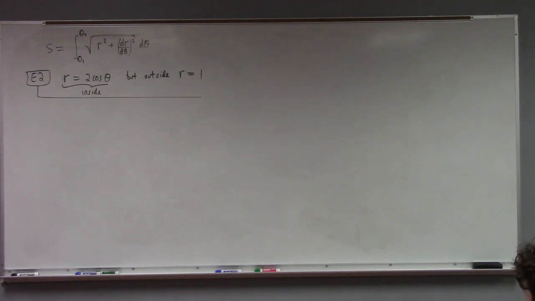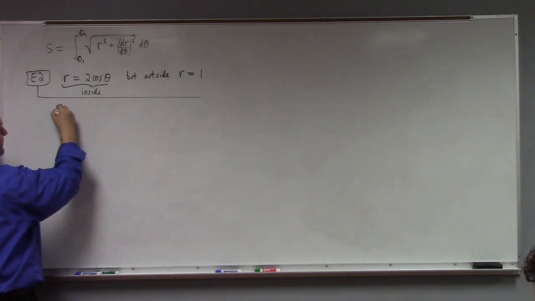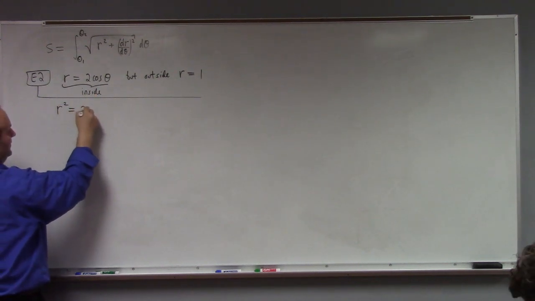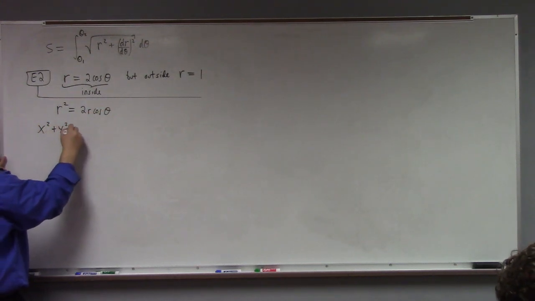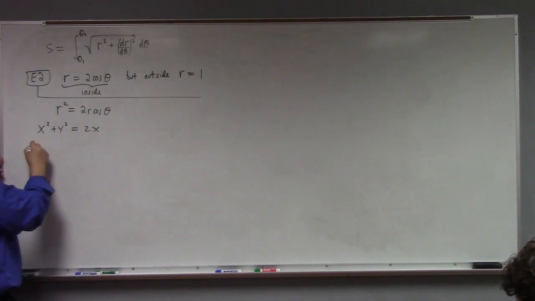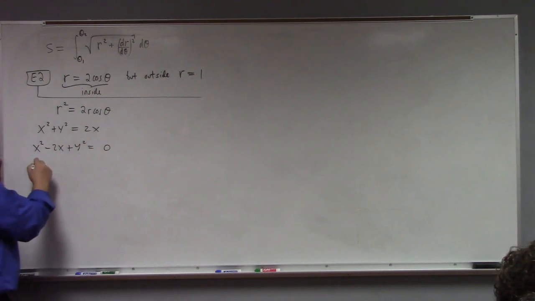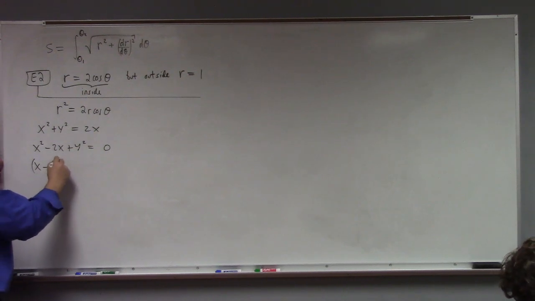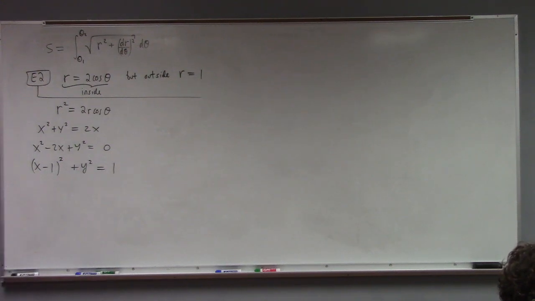Now you can graph it if you want in terms of that scheme we had, but what I'm going to do is multiply this by r, and I get r squared equals 2r cosine theta, which gives me x squared plus y squared equals 2x, which gives me x squared minus 2x plus y squared equals 0, which gives me (x minus 1) squared plus y squared equals 1. So from this algebra, I learned I'm looking at the circle of radius 1 centered at (1, 0).